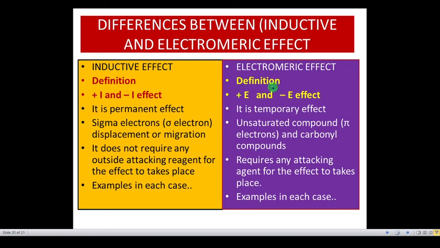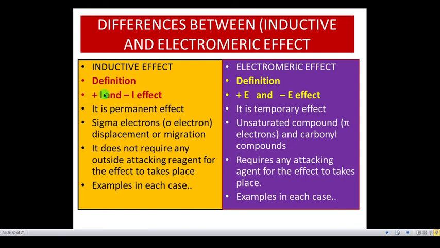Again I am repeating: the inductive effect is a permanent displacement of electrons due to electronegativity via a sigma bond, whereas the electromeric effect is a complete transfer of electrons of a multiple bond towards the more electronegative atom or group.